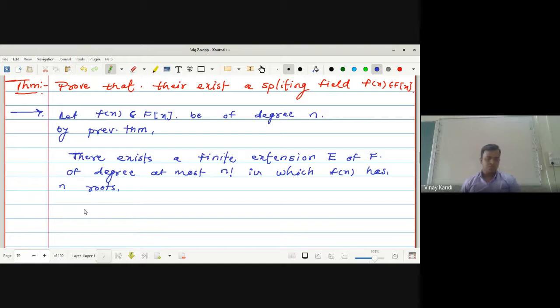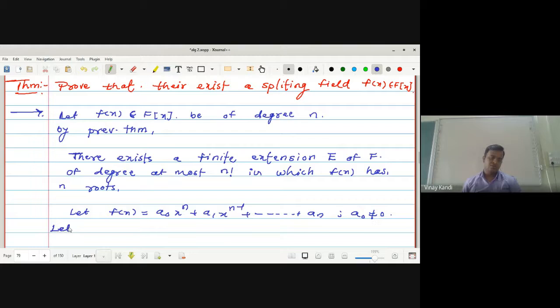Suppose that the polynomial is f of x equals a naught x raised to n plus a1 x raised to n minus 1 and so on, such that a naught is not equal to 0.